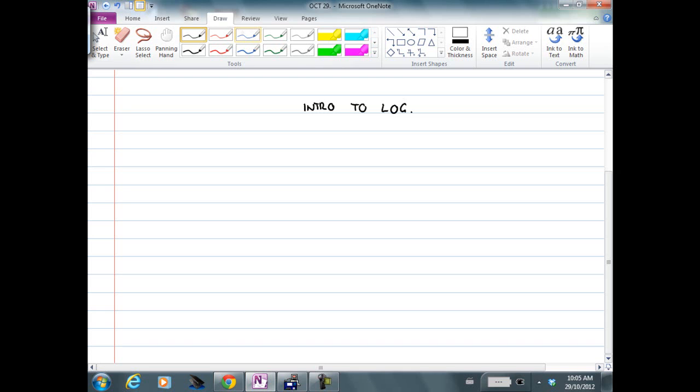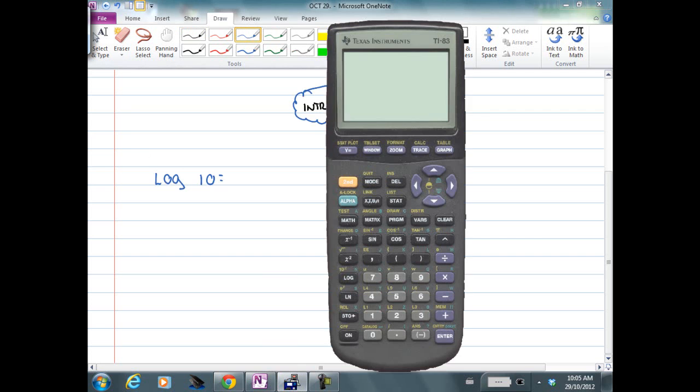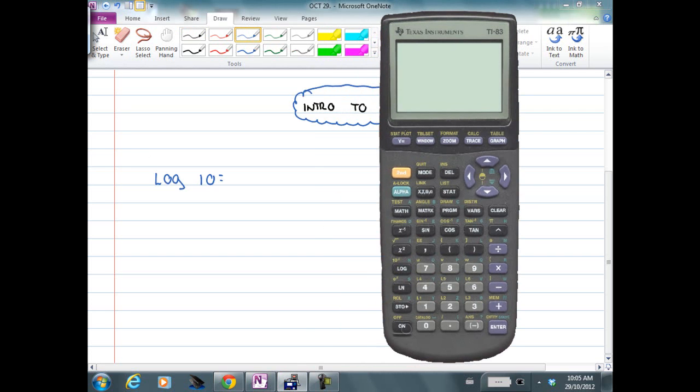Now I can go ahead and ask you to graph it, but you still won't understand what it is. So on your calculator, I want you to do a few key things. Log of 10. Grab your calculator and look for your log button.